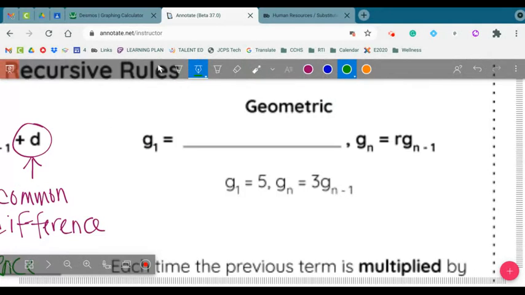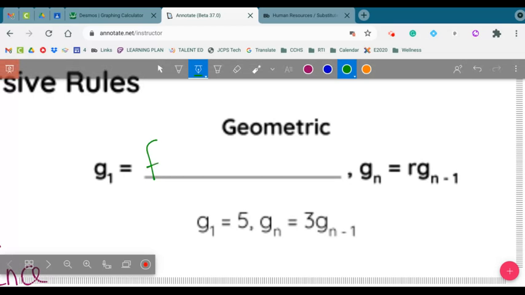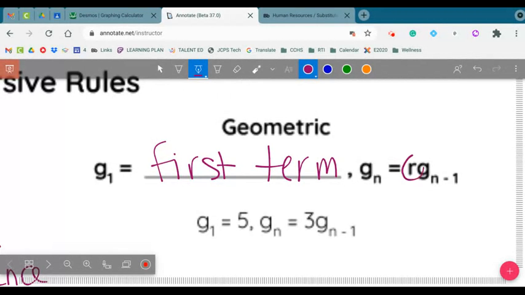So for geometric, you'll have g sub 1 equals your first term. And then your ratio is actually right before the g. So you'll have your common ratio right here. So common difference is at the end, common ratio is at the beginning.